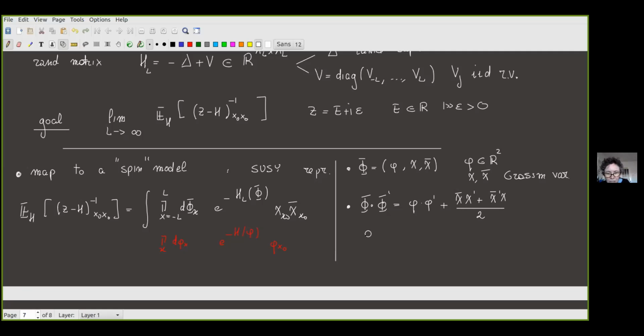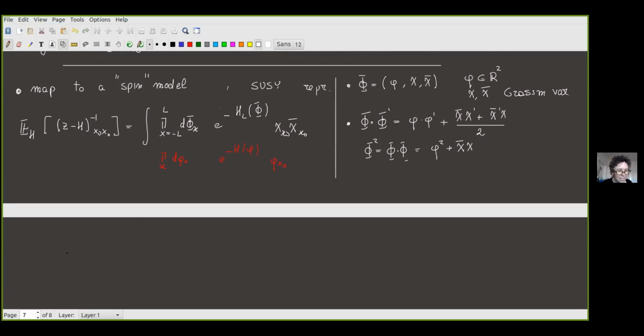In particular, phi square, this is phi scalar phi, that's phi square plus chi bar chi. So now we know that our spin, instead of being a real variable, is a vector with 4 components. And now I have to define what I mean by energy for this.